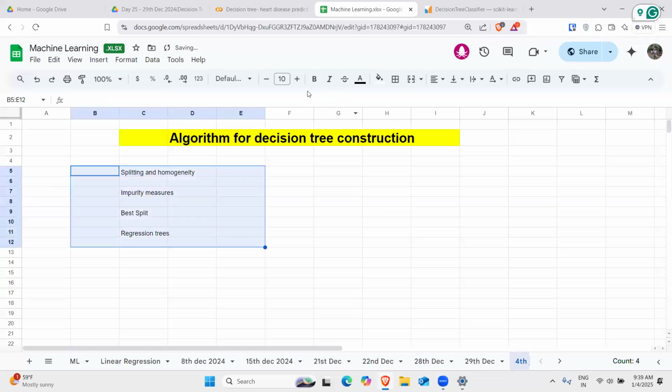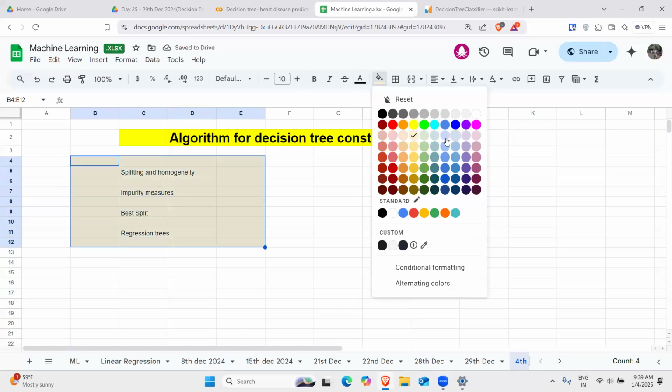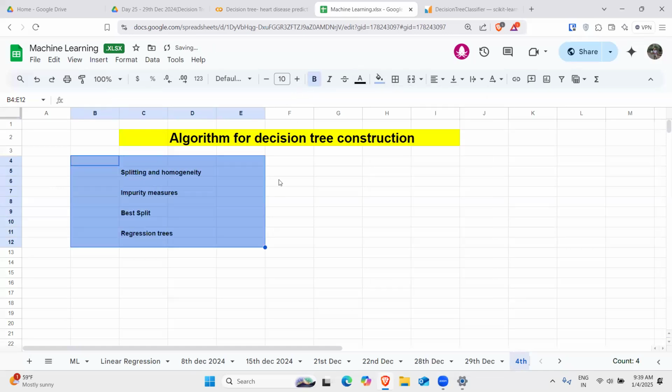So I'll just take this and highlight this. So this is our agenda for this entire session. So without wasting time, we'll just discuss the first point, that is splitting and homogeneity, right?